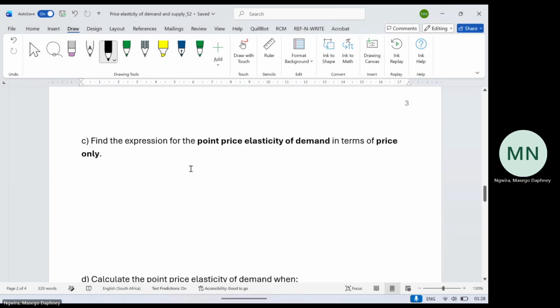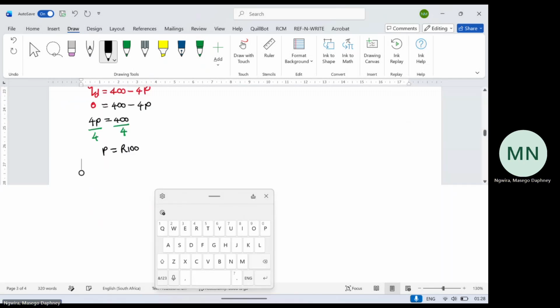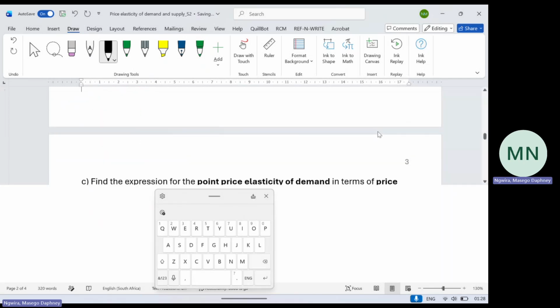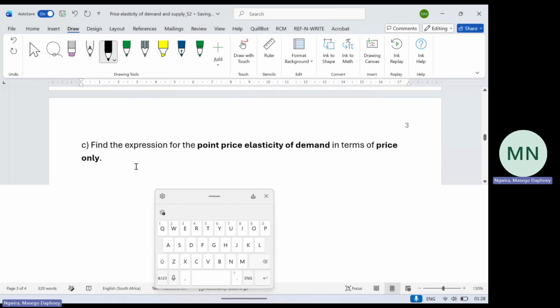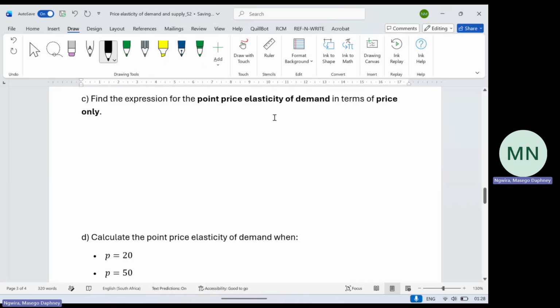So in terms of P, firstly, we know that our quantity demand function is, let's start with that.